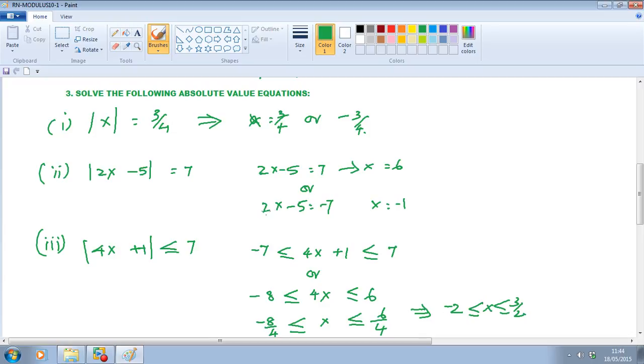Or 2x minus 5 is equal to minus 7, since the modulus of minus 7 is also equal to 7. In this case, if you solve, x is equal to minus 1. So there are two solutions to the problem.